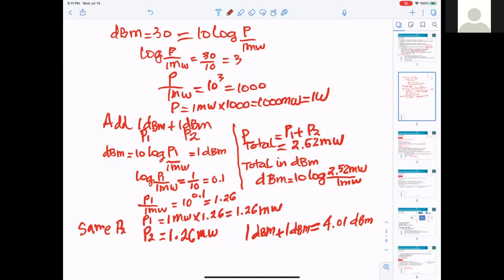You have to convert back to watt or milliwatt, then add the watts or milliwatts, then convert back to dBm. So you can't add dBm and dBm, dBW and dBW, or dB volt and dB volt. Exactly. Those are the three. Okay, any question?